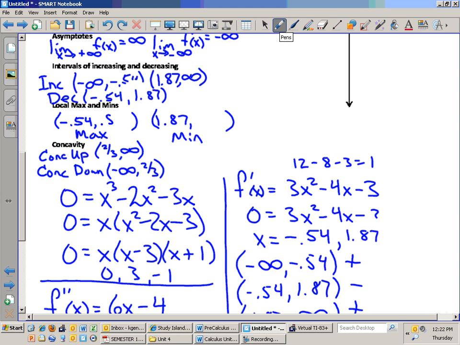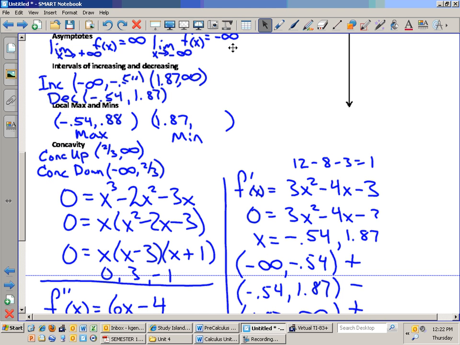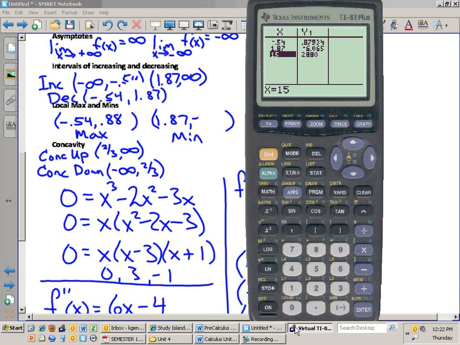So 0.88. And if I type in 1.87, I get negative 6.07.